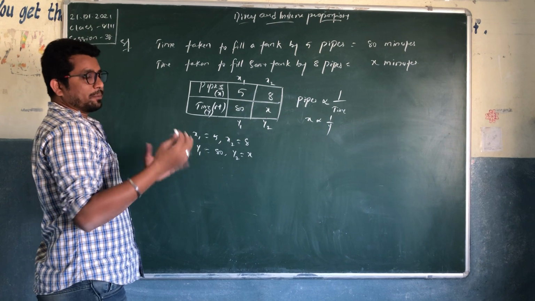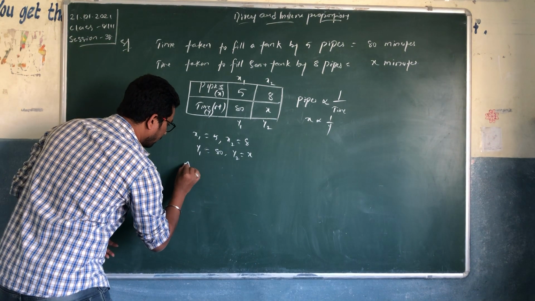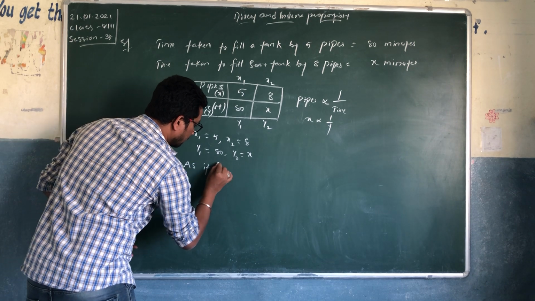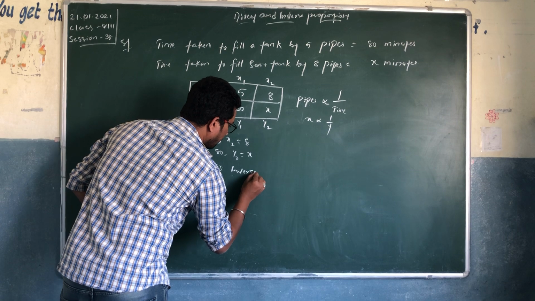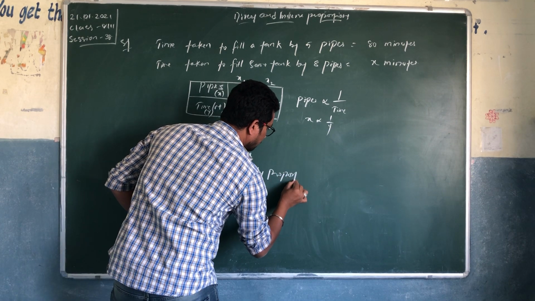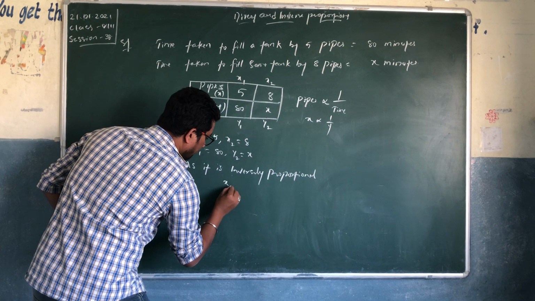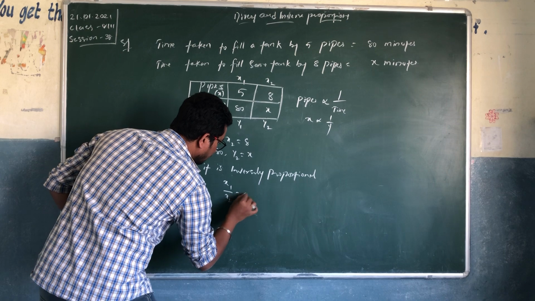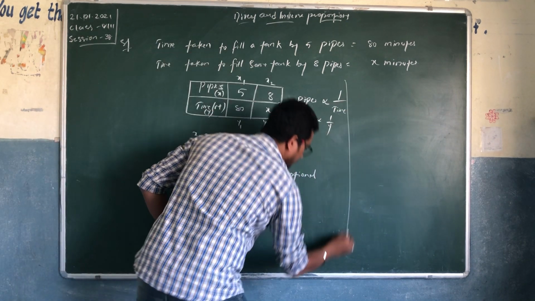So in inverse proportion, the formula which we have is, write it as a step, x1 by x2 is equal to y2 by y1.